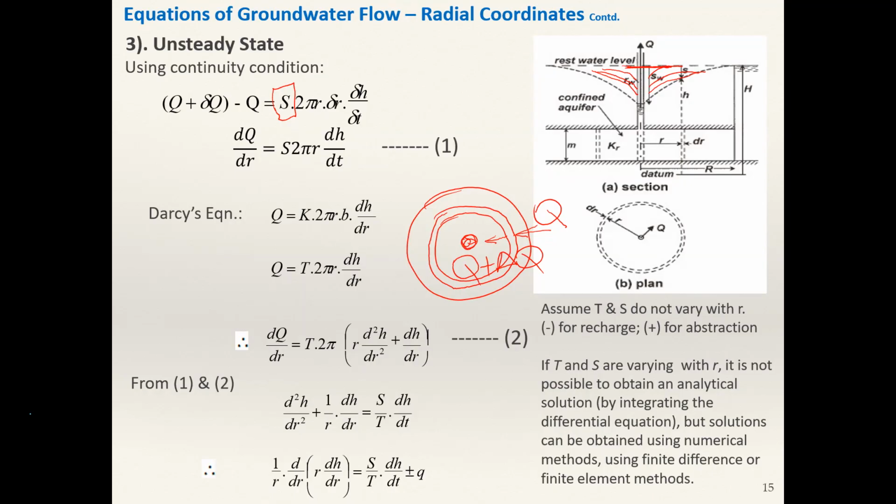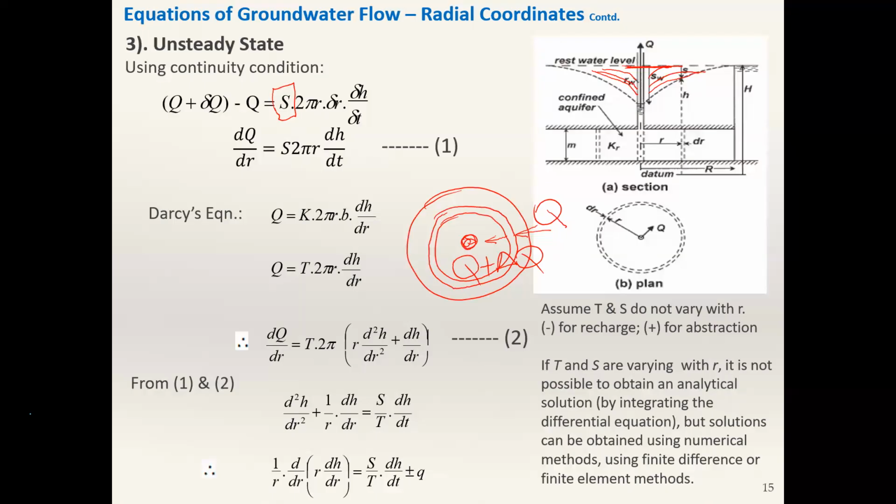That is called the storativity. What is this storativity? That is the volume of water that you can pump out or you can recharge, re-inject into an aquifer per unit area when you are changing the head by 1 unit.